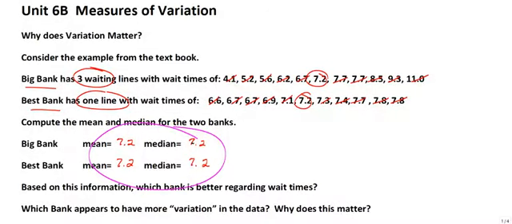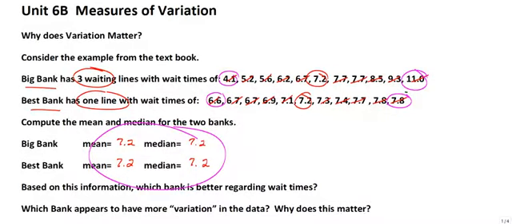If you look at these 2 data sets, variation refers to the spread of the data. In this first data set, the lowest number is 4.1 and the highest number is 11.0. Compare that to this data set with a lower value of 6.6 and an upper value of 7.8. Can you tell, just by looking at the data, which one has a larger spread or more variation?